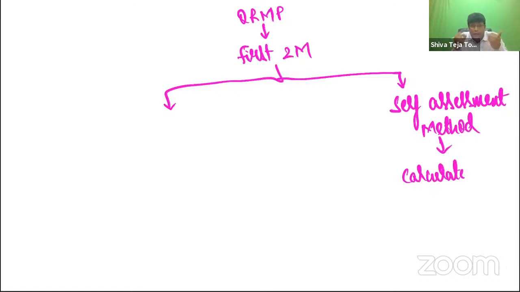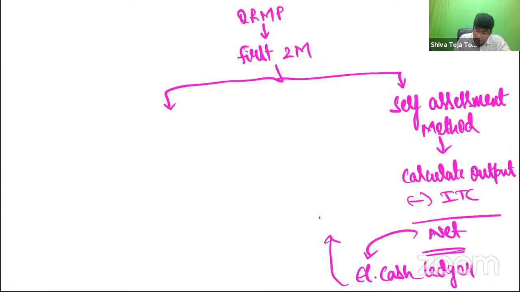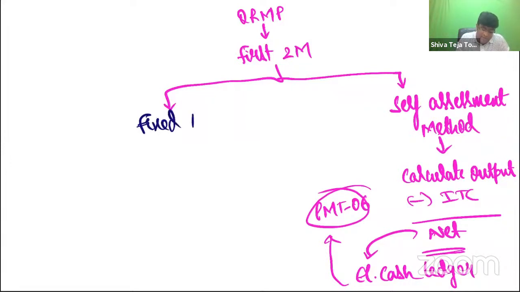Name only says self-assessment. You do it by yourself. Calculate output, calculate input tax credit, net to figure. This figure you deposit in the electronic cash ledger by using the option of PMT 06, of course. Clear? And on the other side, we have got one more method known as fixed method.